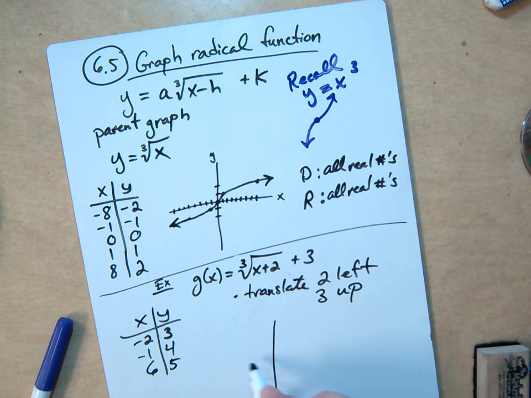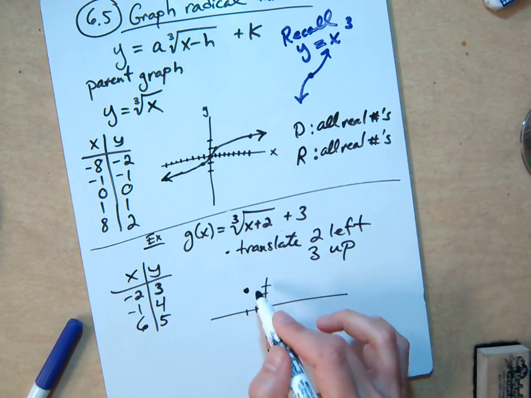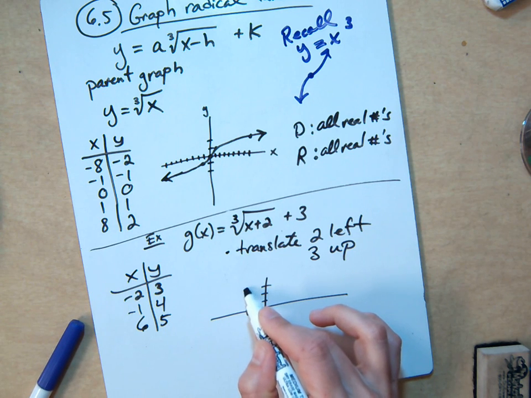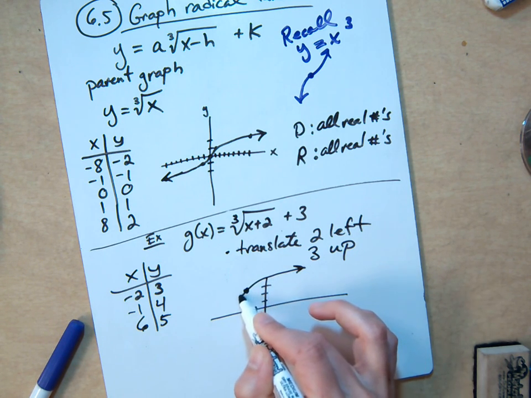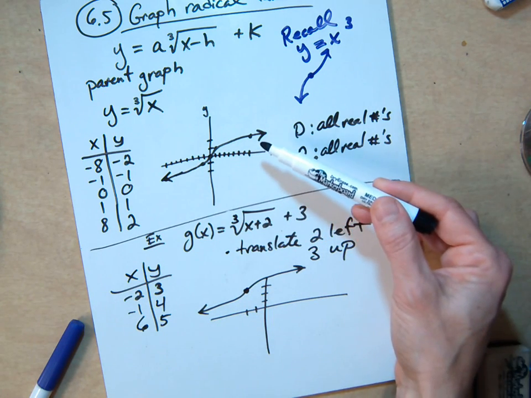So the most important point is to the left 2 and up 3. If I want the general shape, I can just take this critical point and sketch the shape, and I know that it looks like that, because here's the parent graph.